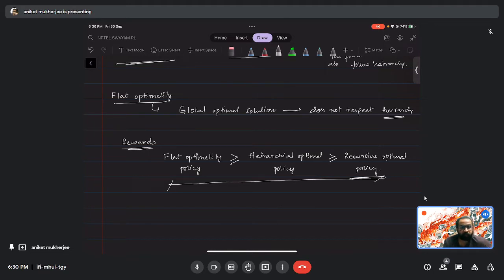Either you'll be trying to find the global optimality, like the best that I can do, or you could find a hierarchically optimal policy, where it follows the hierarchy and tries to be an optimal solution for subproblem 1 and also subproblem 2, keeping in mind that subproblem 2 needs to go to a goal. Recursive optimality is where you blindly find an optimal policy for subproblem 1, find an optimal policy for subproblem 2, and combine them, which might not give you a globally optimal policy or a hierarchically optimal policy for the whole problem. I hope this is clear.